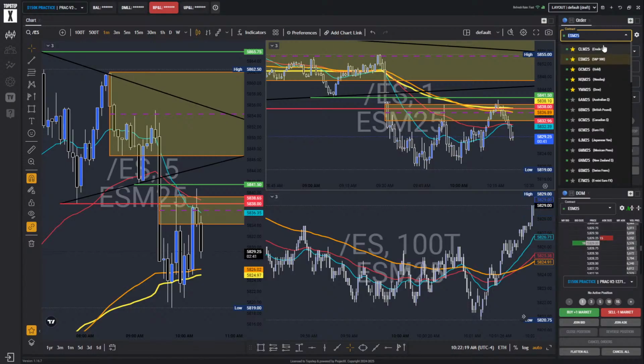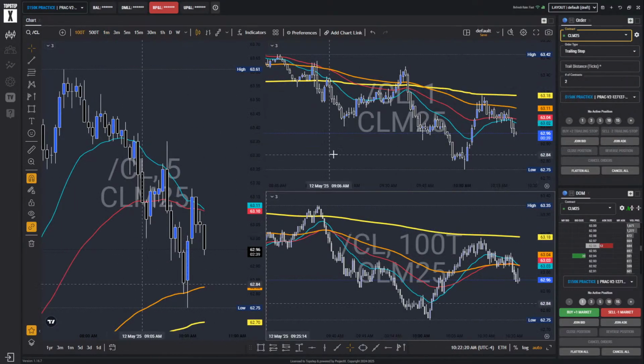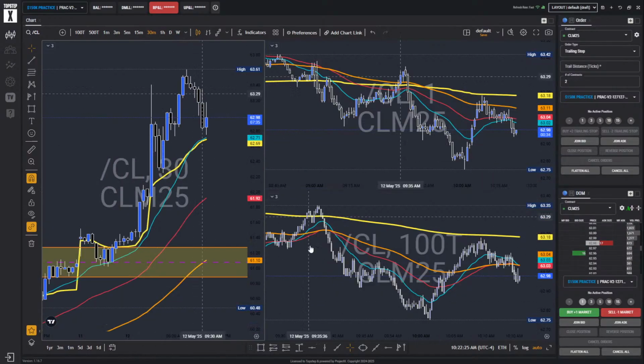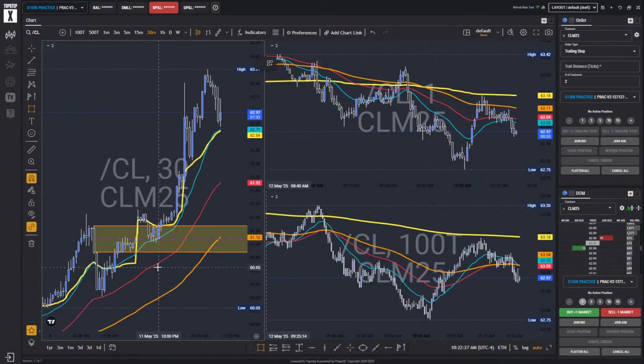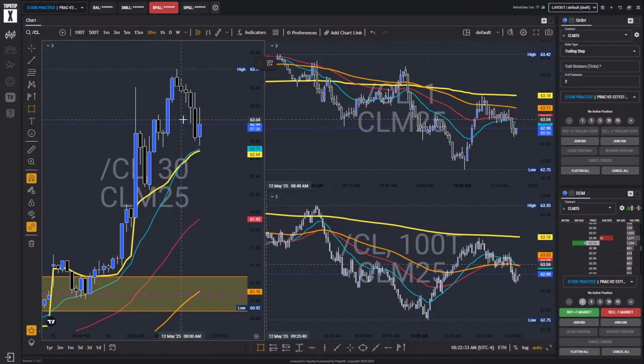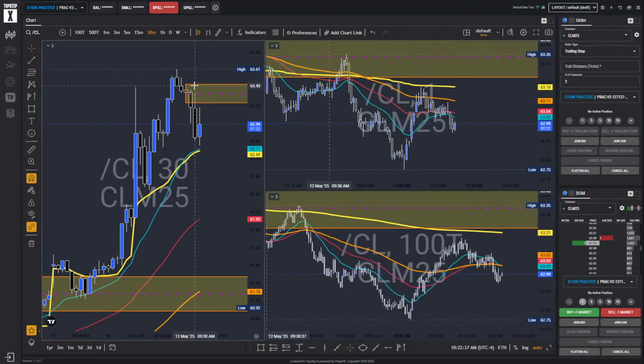Moving across our list, let's go examine our boys in the crude industry. Crude, give me some 30-minute range here for the day. Crude looks nice.